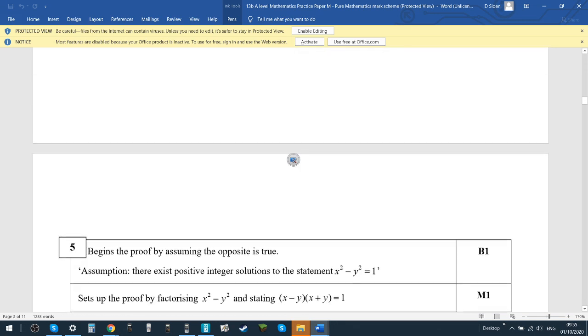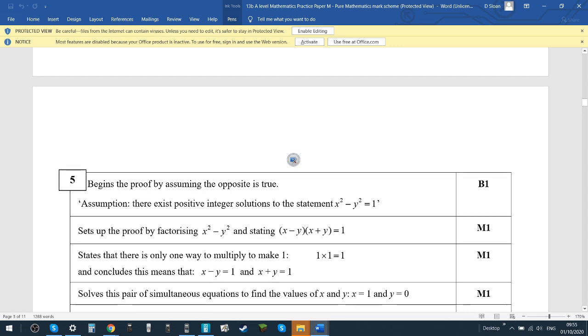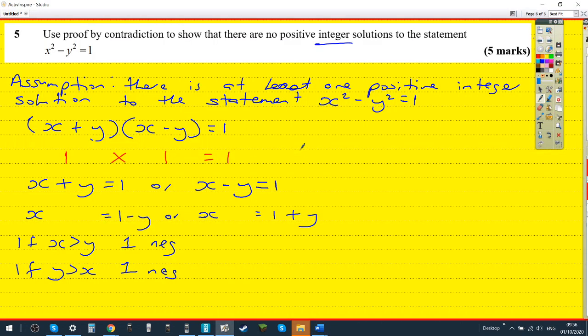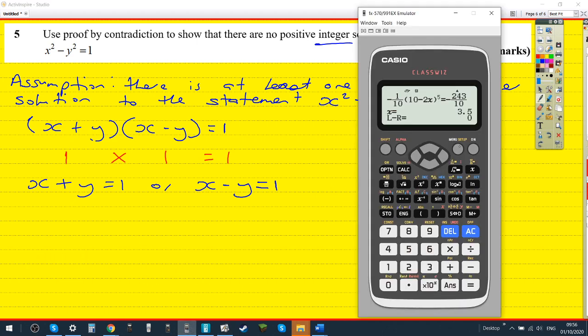Let's see. x minus y equals 1, x plus y equals 1. Solve this pair of simultaneous equations. Oh, all right. So do I need to do x equals 1 minus y and then sub it into the other equation? Yeah.